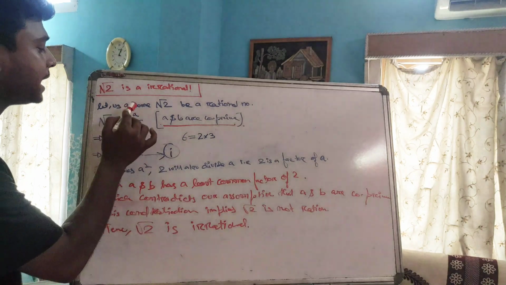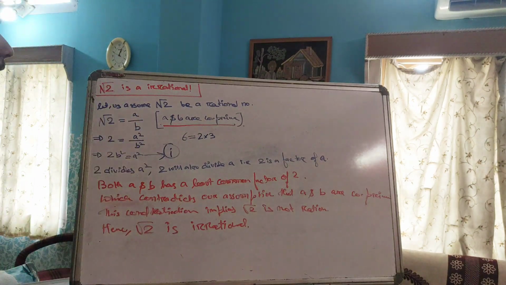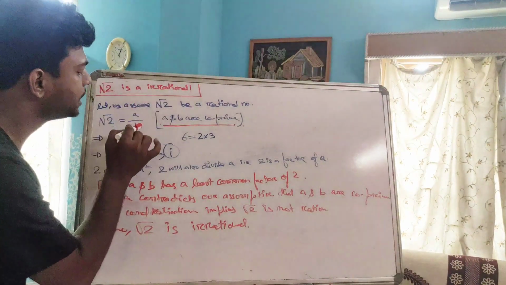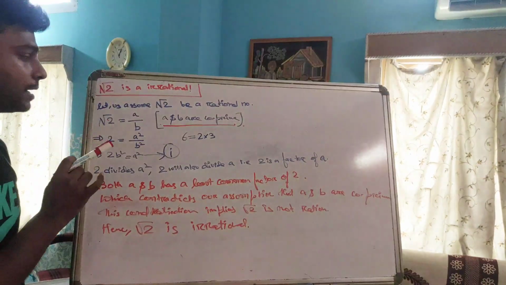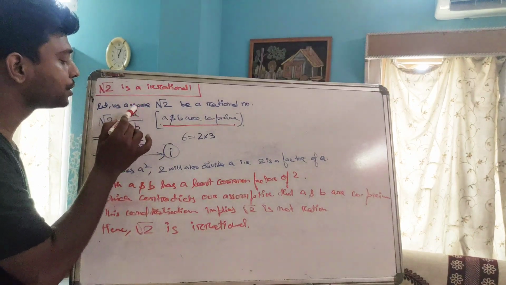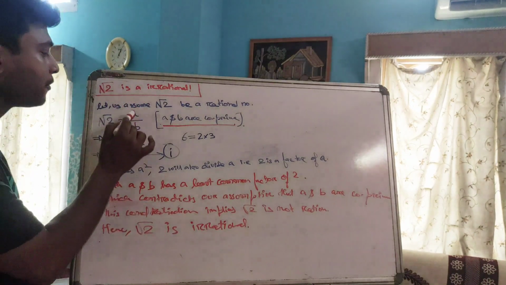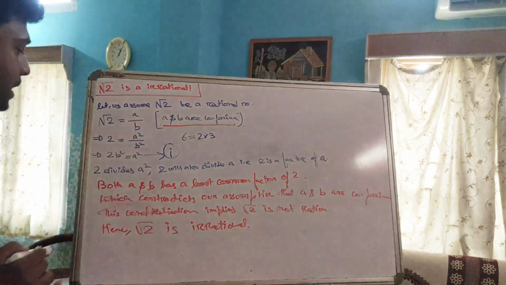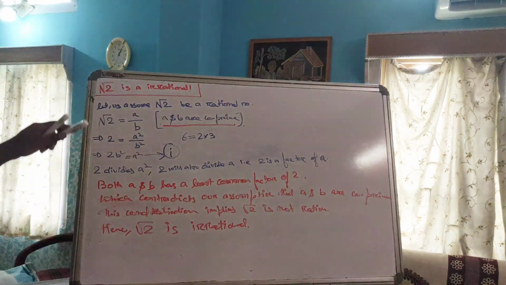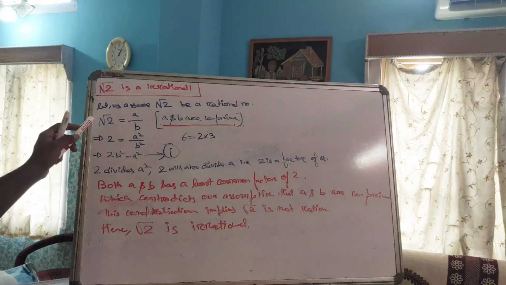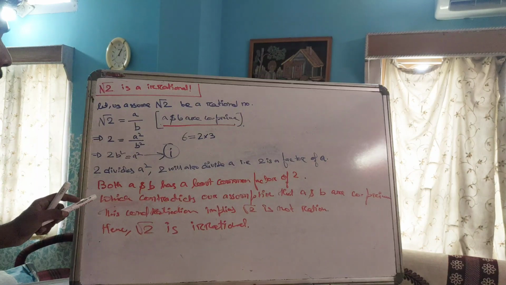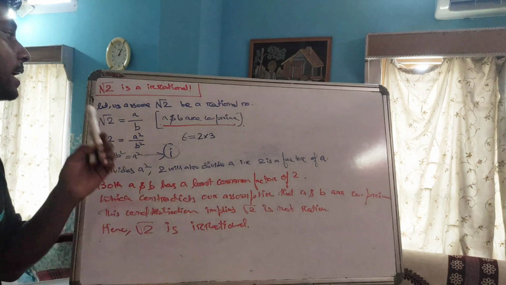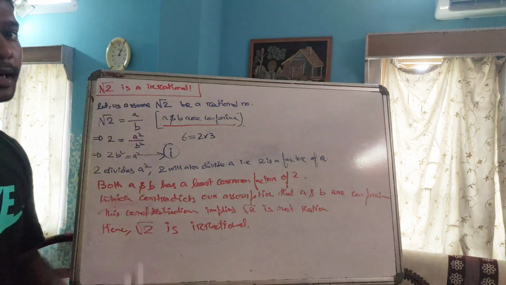We will assume that a and b are co-prime, which means a and b share no common factor. Let's say a and b had shared some common factor, then after dividing both numerator and denominator by the common factor, they become co-prime to each other. After that, you have to manipulate this equation algebraically, then you will land on a contradiction, and that contradiction will imply that the number is an irrational number.